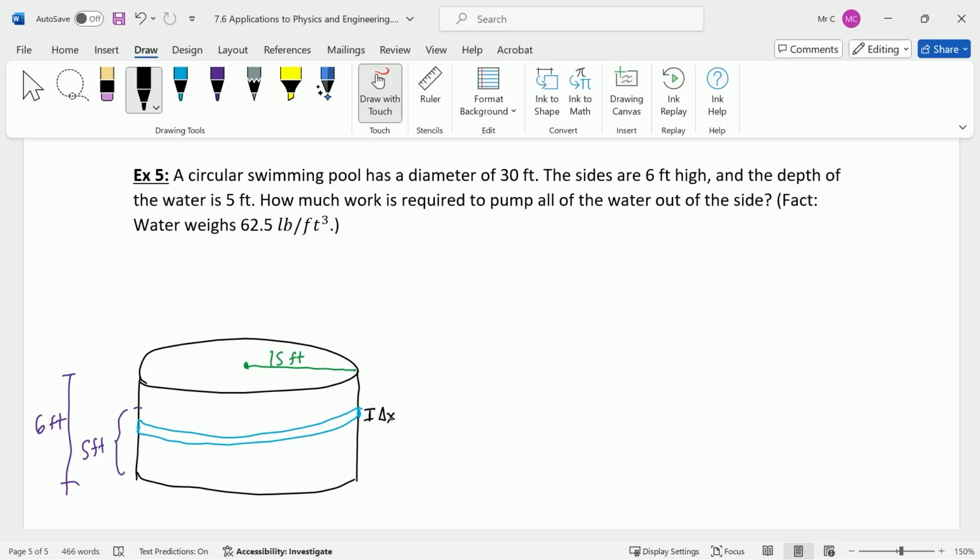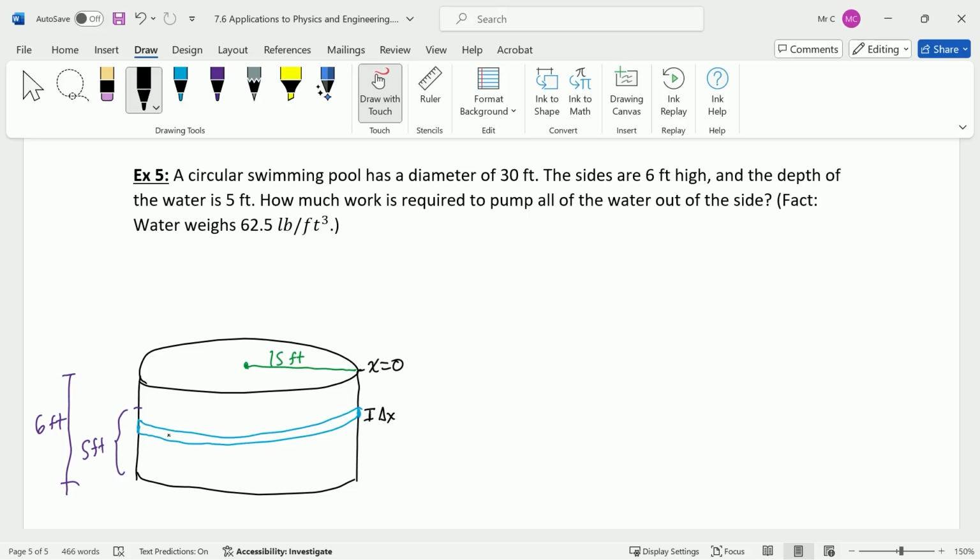Now we need to set a coordinate system here. So since any water that was at the top of the pool doesn't have to move any distance to get out of the pool, we'll set the top as x equals 0. That way we can use x to mean the distance that the water has to be pumped up to get out of the pool.